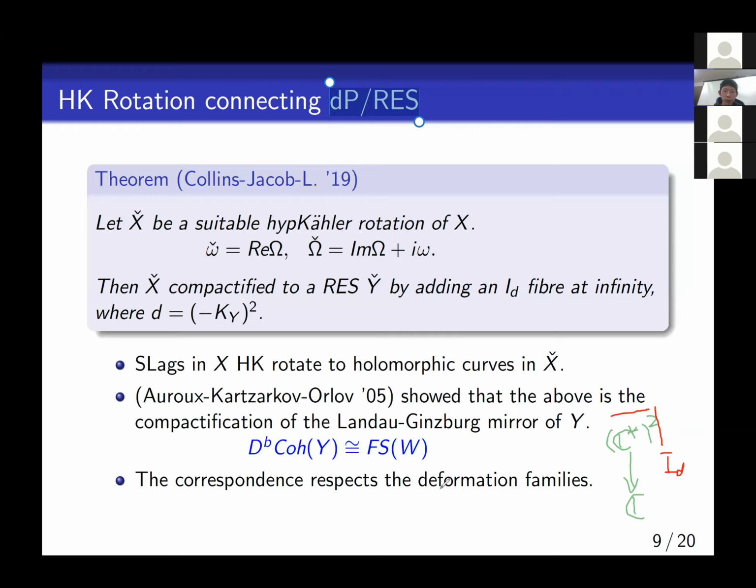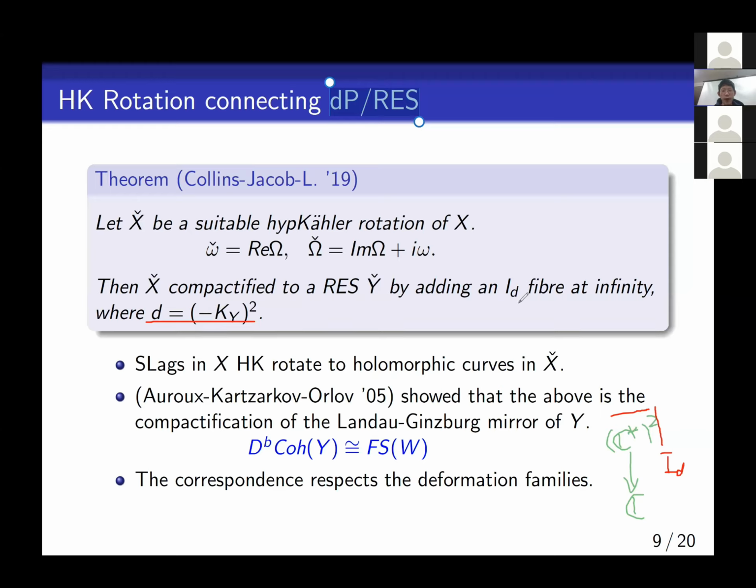And actually this correspondence respects the deformation families. Recall that there are 10 families of del Pezzo surfaces, and there are 10 families of rational surfaces with an I_d fiber. So there will be a one-to-one correspondence, because when I do hyperkähler rotation, the degree of the del Pezzo surface corresponds to the d of this I_d fiber.